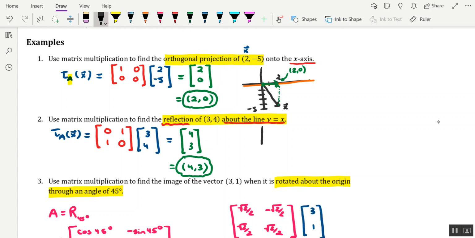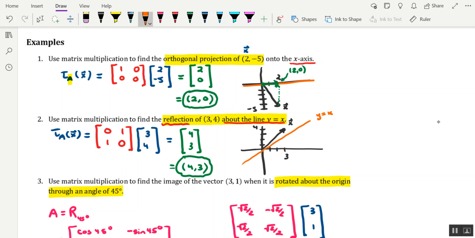And you can sketch this transformation out with this particular vector. Let's do that. 3, 4. There's our vector x. I'm also going to sketch the line y equals x in this. The transform vector has the coordinates 4, 3.